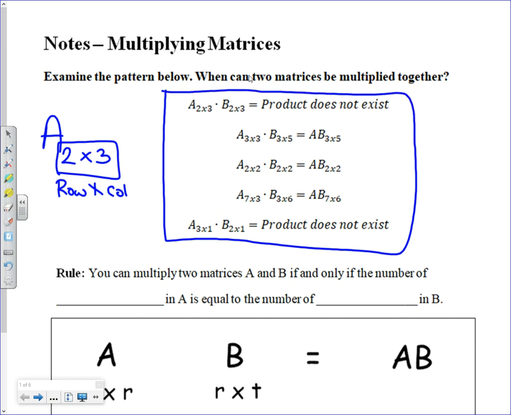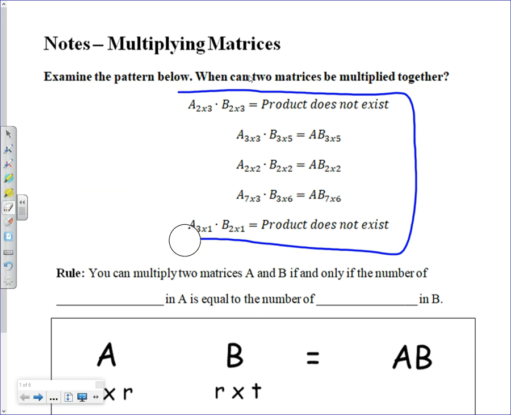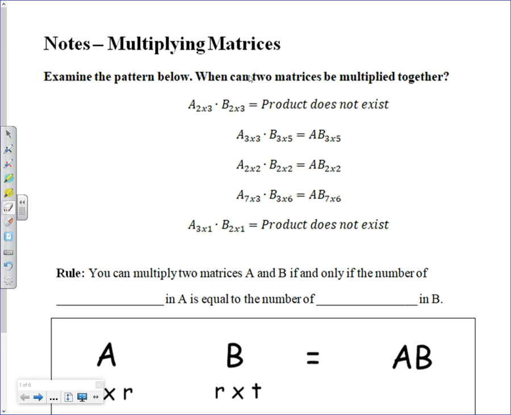When can you multiply two matrices together? When can you not? Well, if you look at it, hopefully you discover the pattern. If not, that's fine. But those are the two middle numbers here.